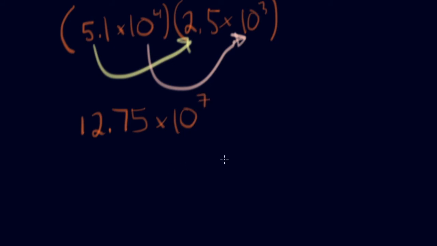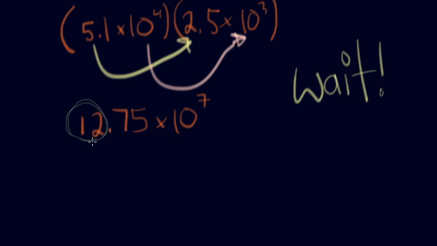Wait a second. Wait. Capital W. Is this in scientific notation? It is not. Because it's 2 digits. There's 2 digits here, isn't there? And we can't have 2 digits. We must only have 1 digit. So what to do? Well, we have to move our decimal. So I'm going to move my decimal 1 place backwards.